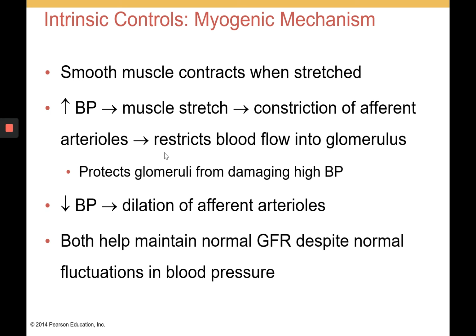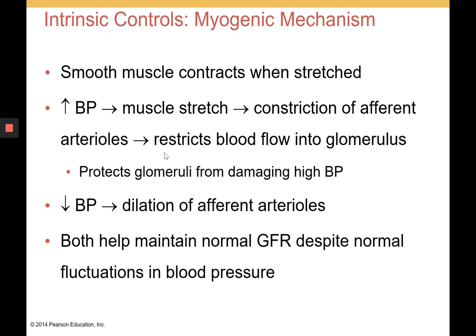If we restrict blood flow to the glomerulus, we are going to be reducing net filtration pressure and regulating glomerular filtration. But this is a response to the original increase in blood pressure. We're not reducing GFR, we're preventing a change in GFR because of that increased blood pressure. We're responding to an increase or decrease in blood pressure.